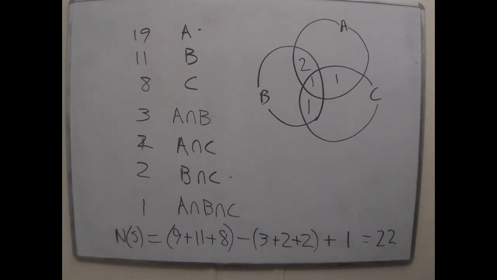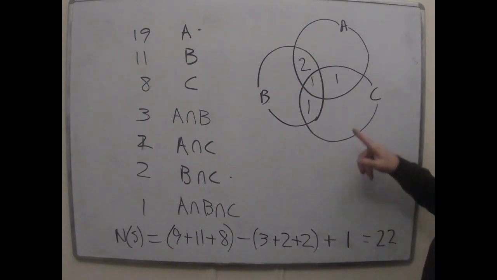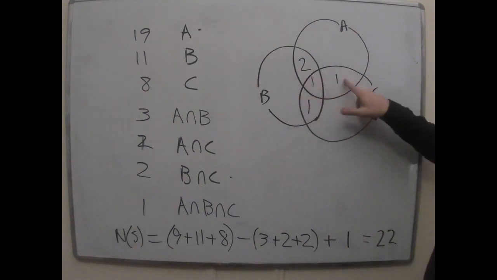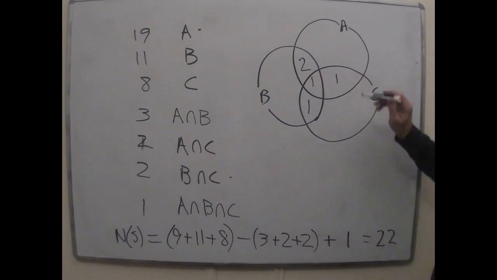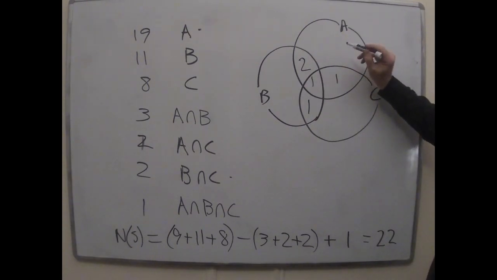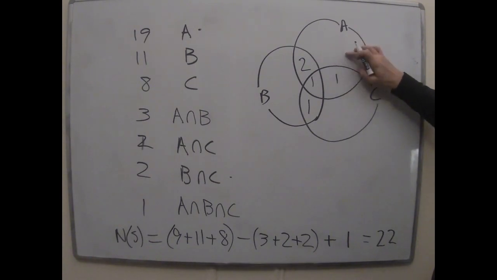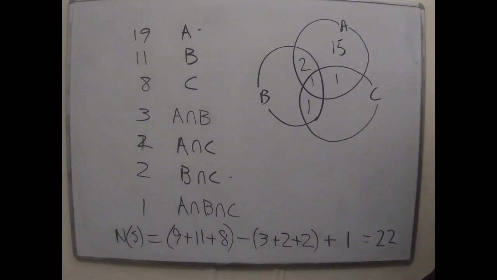Now, how many things are supposed to be in A? 19 all told. And we've got 4 things already in A. So what's out here would be the animals that just have fleas and none of the other issues. To make this all tally up to 19, there have to be 15 in there. Okay.